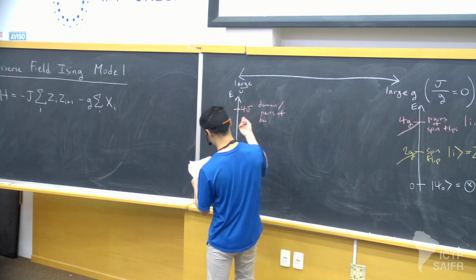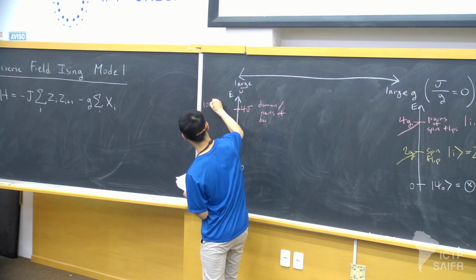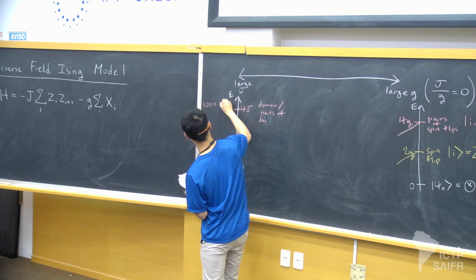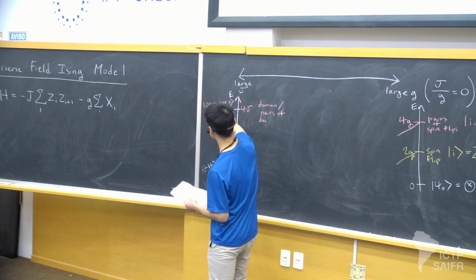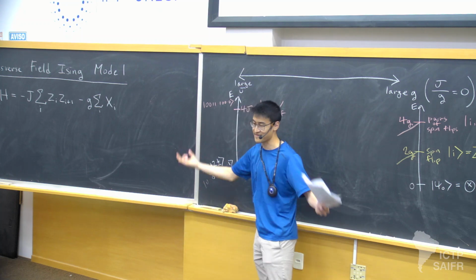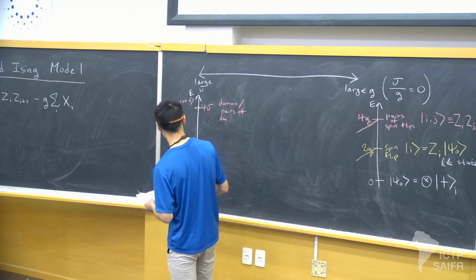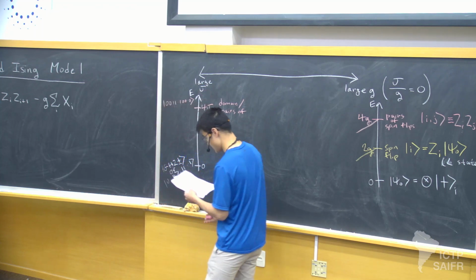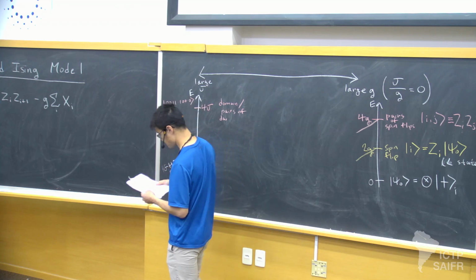So these are things like 0, 0, 1, 1, 1, 0, 0. So you have a domain of the incorrect spin in a sea of the other one. Okay, so this is what happens for g over j equals 0.